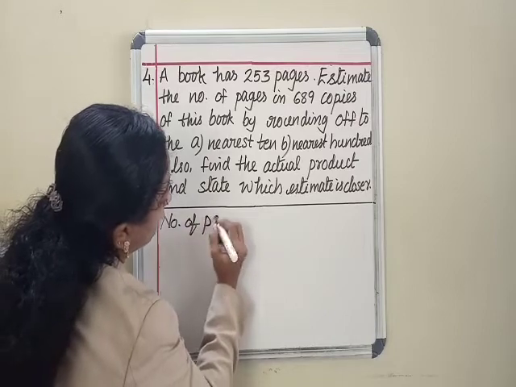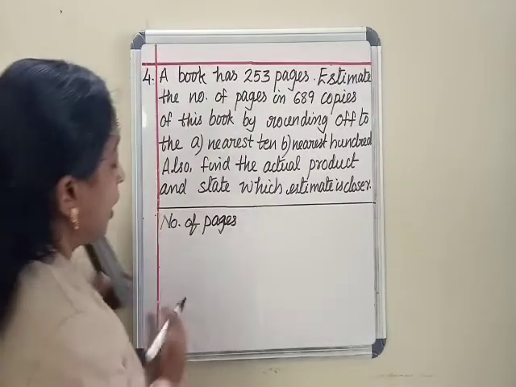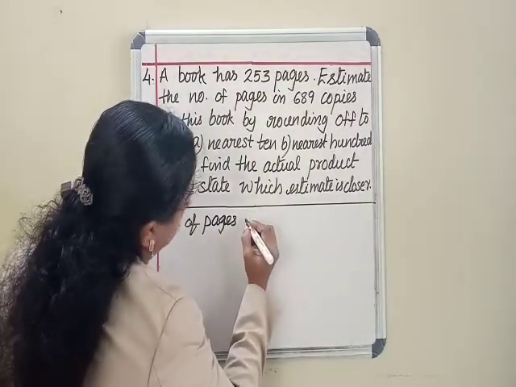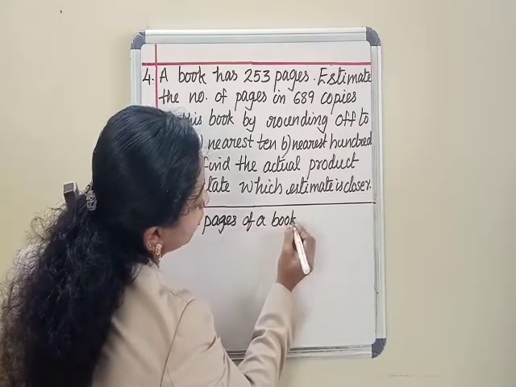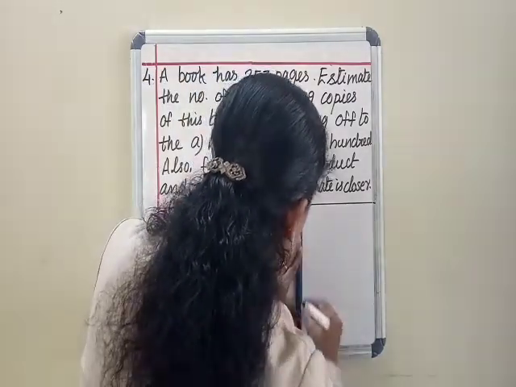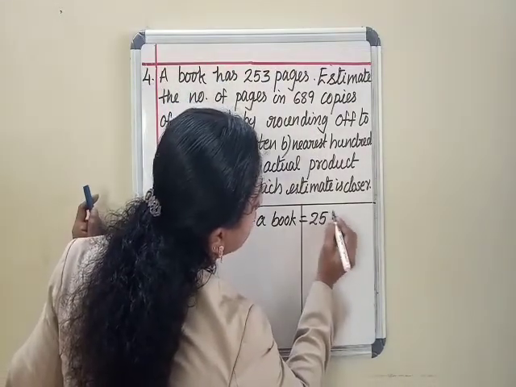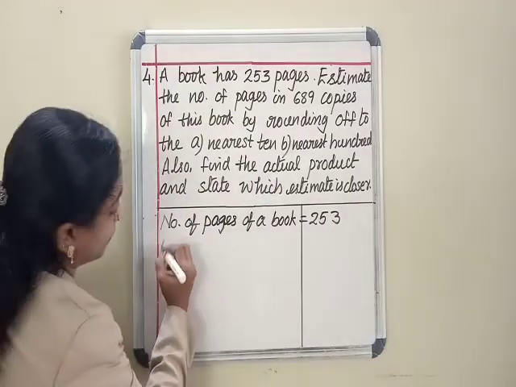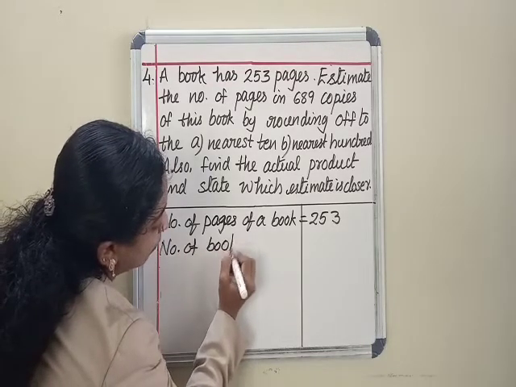Now please write. Number of pages of a book. Here we can draw one line. Number of pages of a book, that is 253. How many copies? Number of copies means number of books.